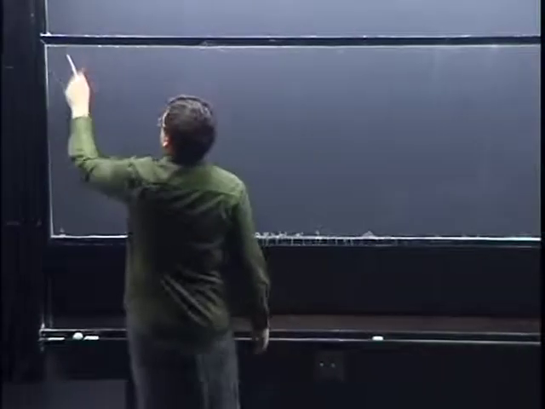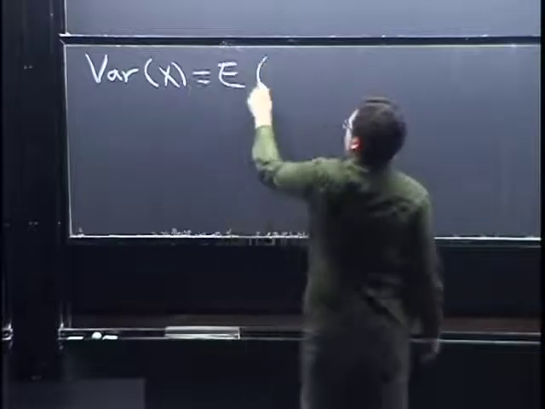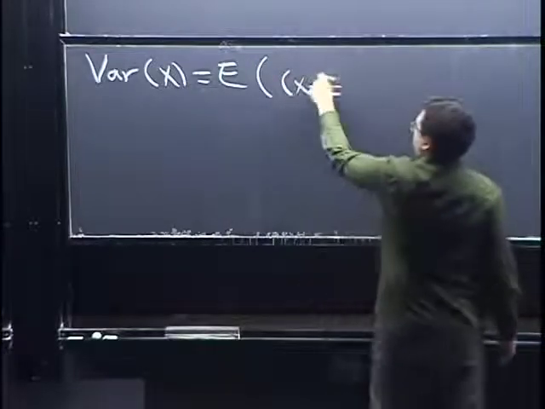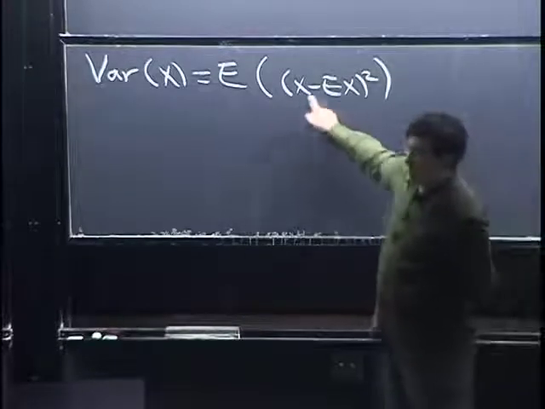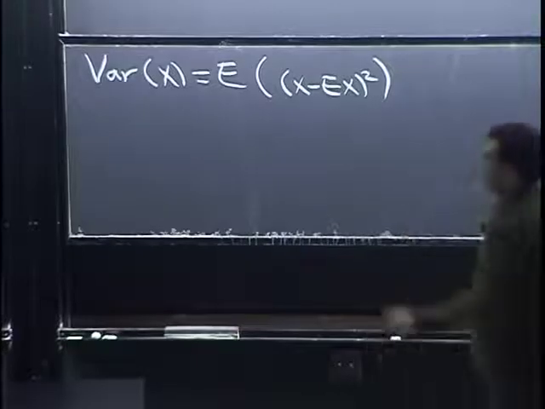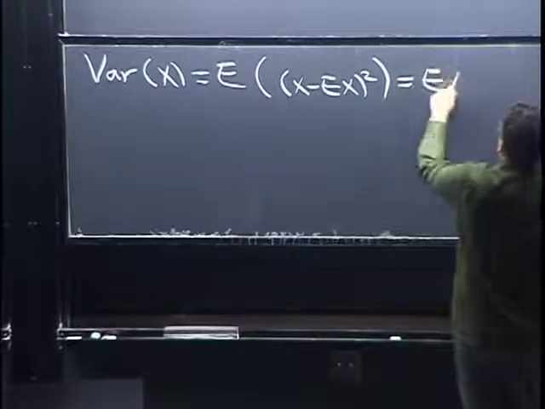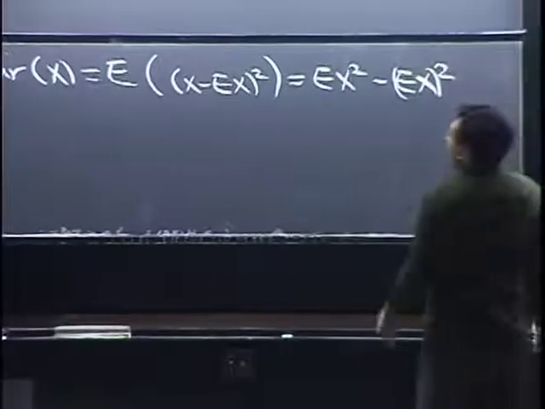So remember, there's two ways to write variance. The definition is to subtract off the mean, square it, the average distance squared of X from its mean. But we also showed that it can also be written as E of X squared this way minus E of X squared the other way. Okay?